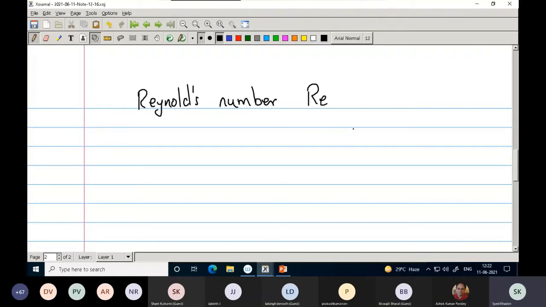So this Reynolds number is defined as the inertial force to the viscous force. This is what Reynolds number means, and that's something which you already know. This is for fluid mechanics, of course.